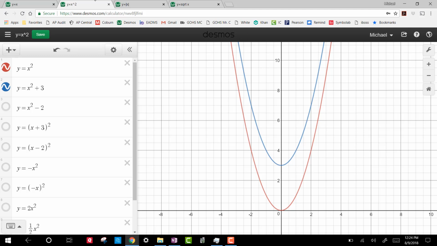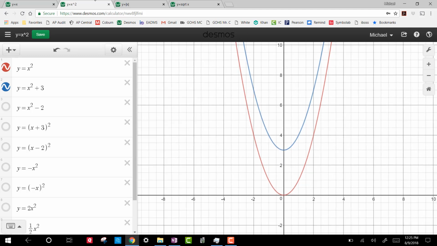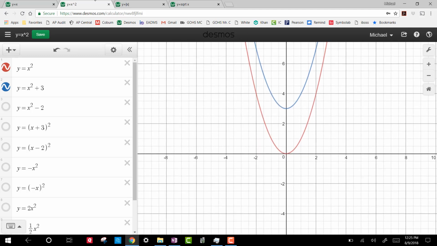And you'll notice that if you start looking at the points here from the parabola, the first point was up 1 over 1. The second point was up 1, 2, 3 over 1. And the same thing's happening on the blue one. So it's the same width. It's the same pattern of points. It just shifted straight up 3.